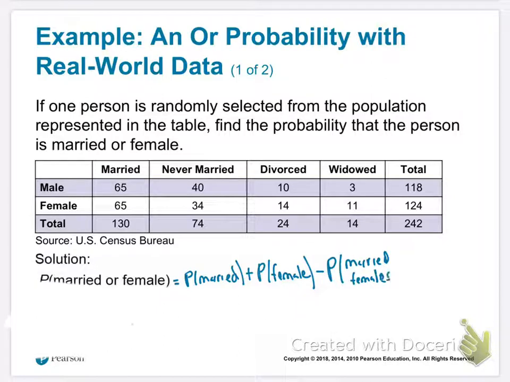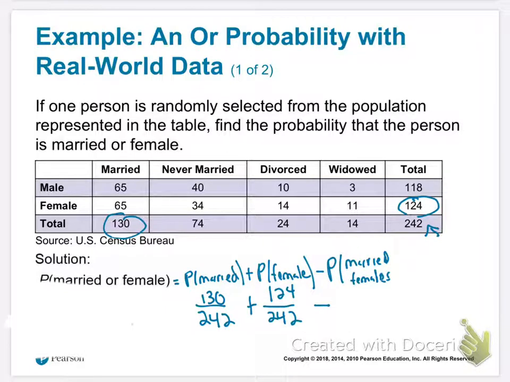So we have the probability of married. The married group down here is 130 over our total, and notice here we have our total, 242, plus the probability of female. Total female right here is 124 over 242.